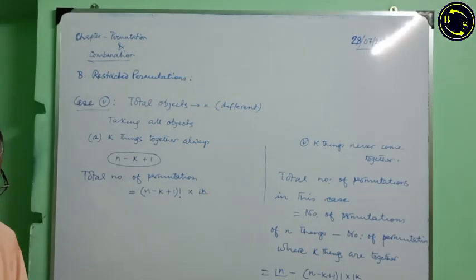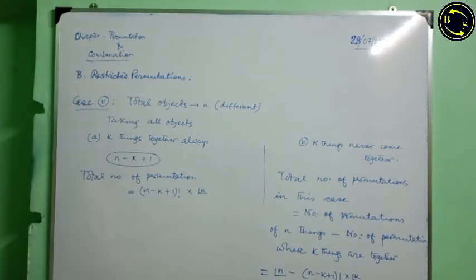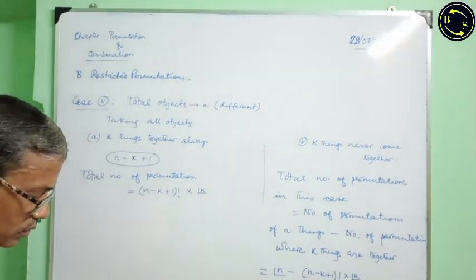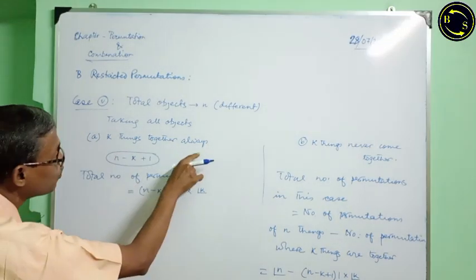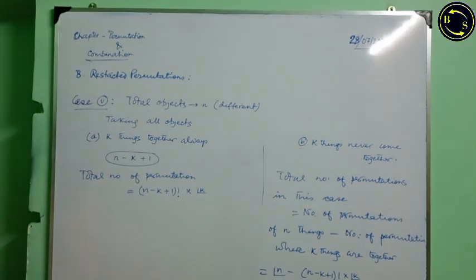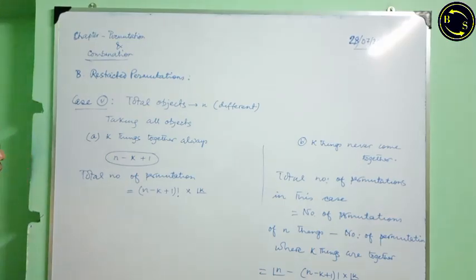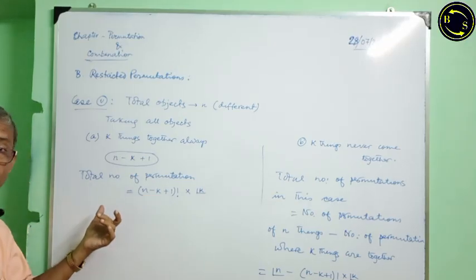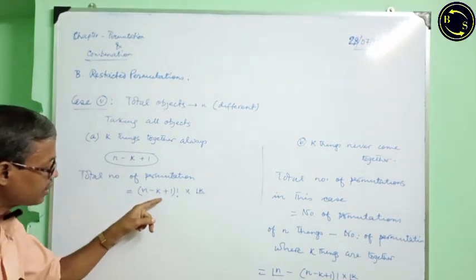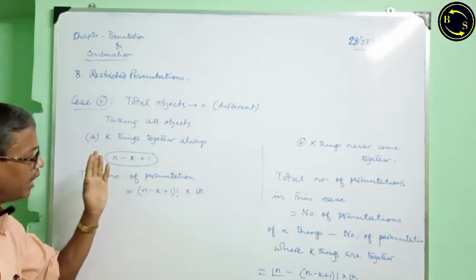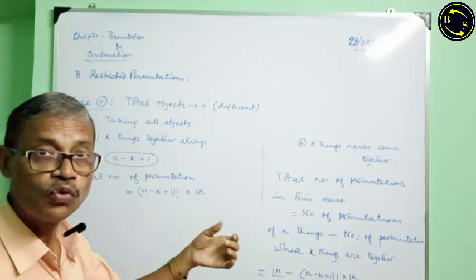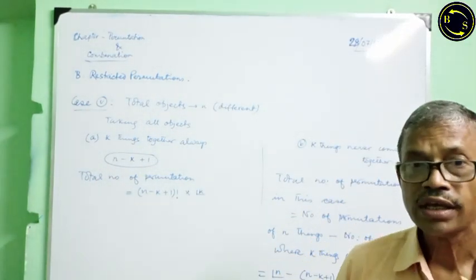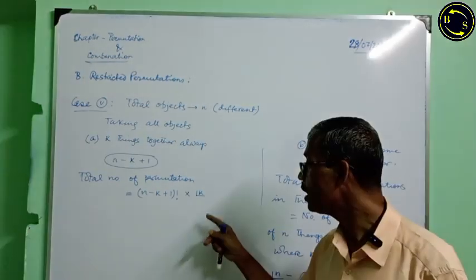Note this, not so difficult, the last part. K things are together here always. Therefore, in place of k things, we can consider one thing. That means the total number of things becomes n minus k plus 1. They can be arranged in n minus k plus 1 factorial ways, and those k things can be permuted in factorial k ways.